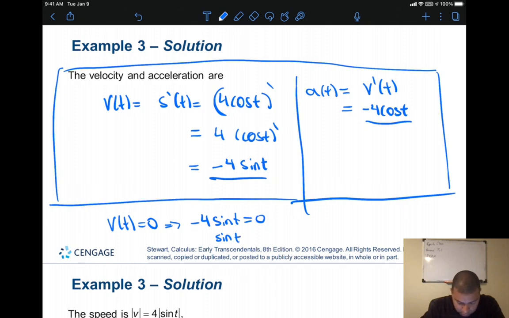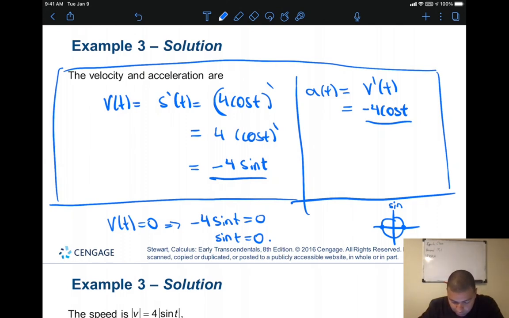So the velocity is only 0 when sine equals 0. And if you go back to the unit circle, sine is the y-coordinate, so sine equals 0 at the beginning and at pi, and then adding multiples of 2 pi to these.